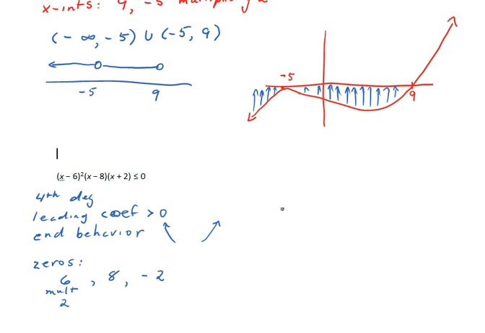So as we go to draw this, we need to put the zeros in order. -2, 6, 8. 6 is the one with multiplicity 2, so it's not going to cross the x-axis at 6.